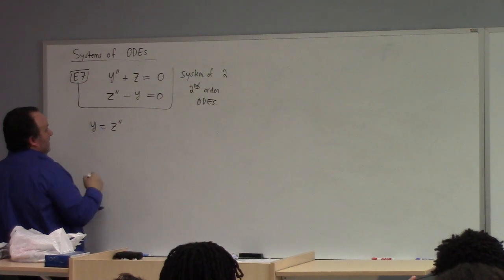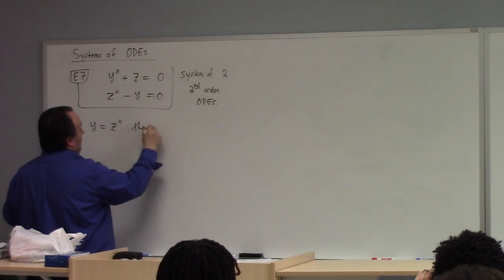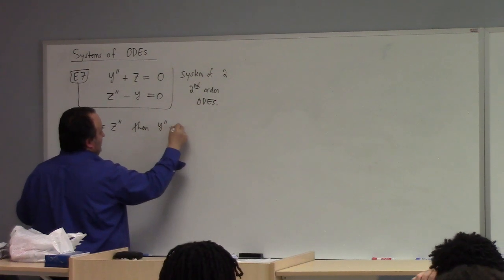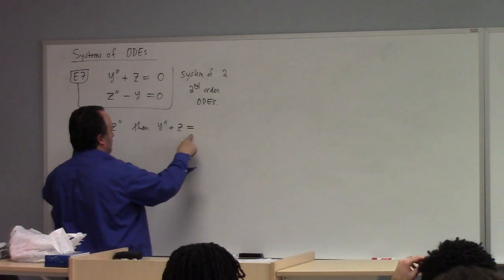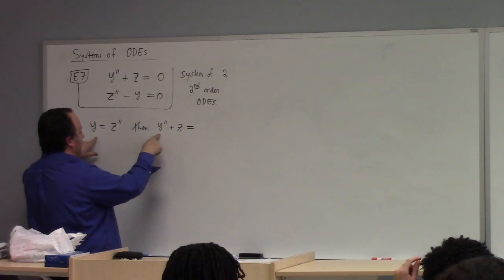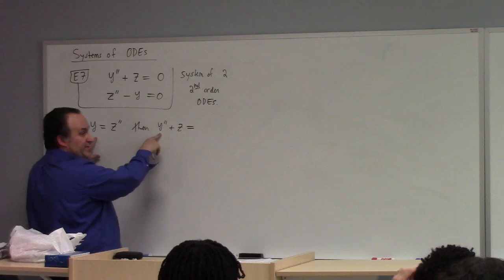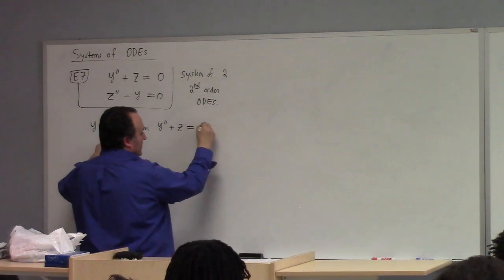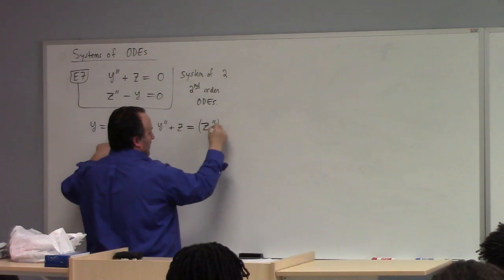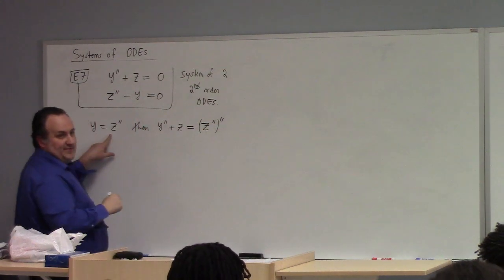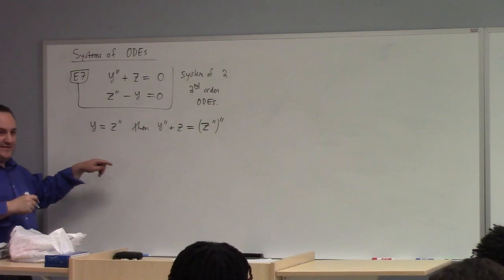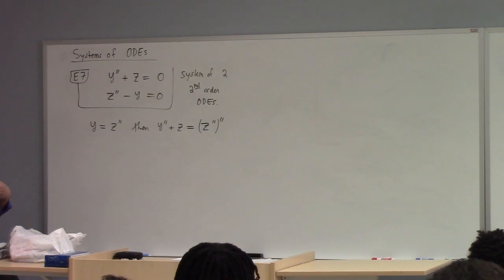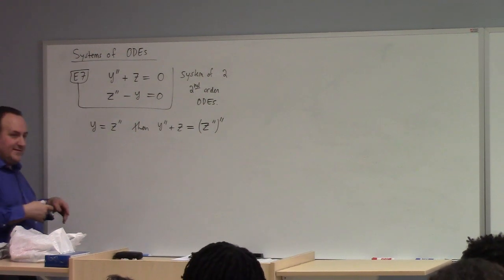Then y prime prime plus z equals what? You're going to replace this y prime prime with a z prime prime prime. At this point, we have exceeded the legal number of primes, as it is bad etiquette, mathematically speaking, to use more than 3 primes.